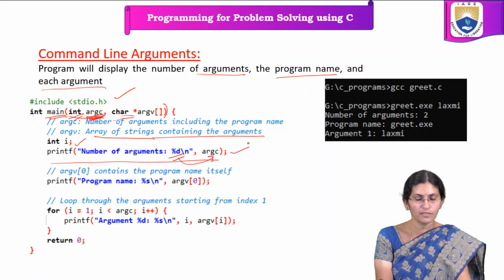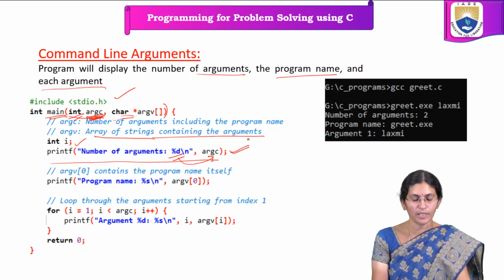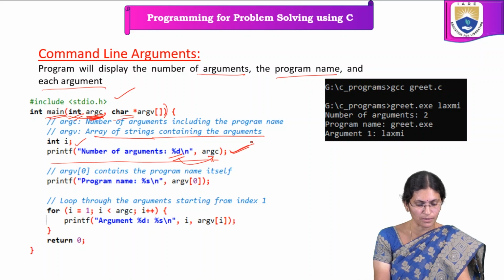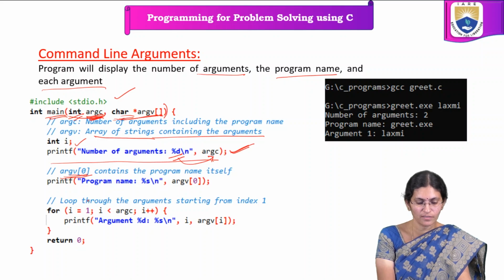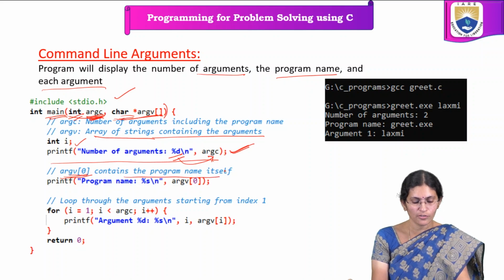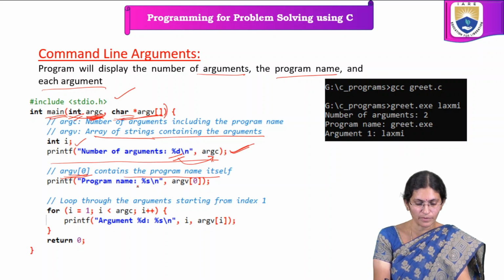This gives the count of the arguments which we are passing from the command prompt. Then argv of 0: argv is a character array of pointers. argv of 0 will contain the program name itself. So the first argument is the program name itself, and this is what we are going to print here.